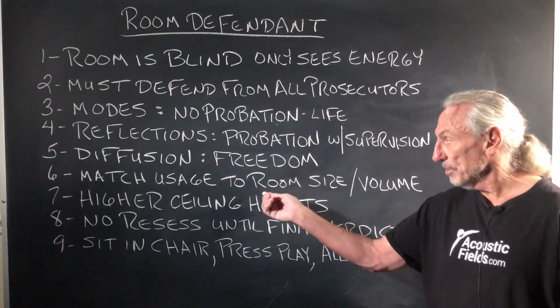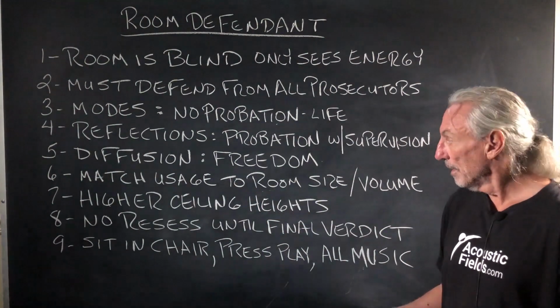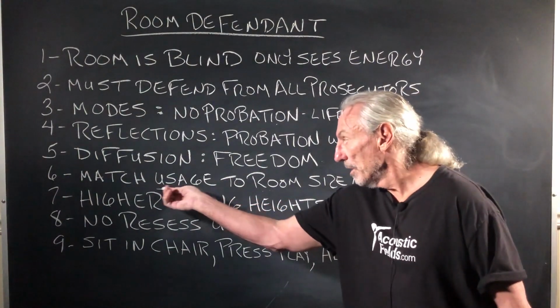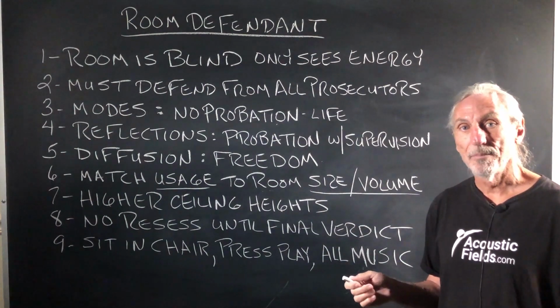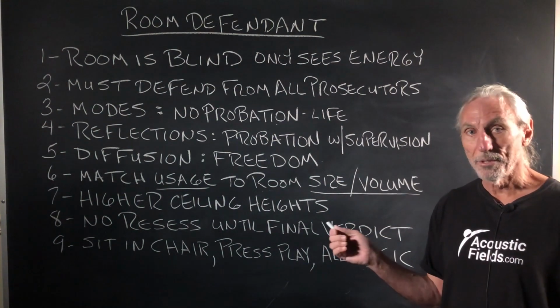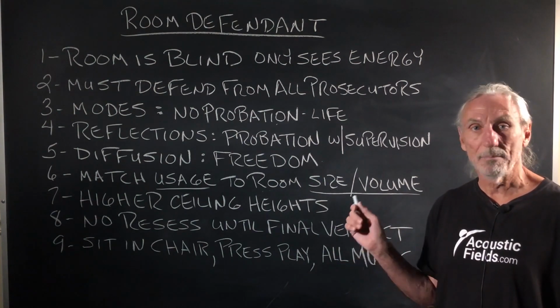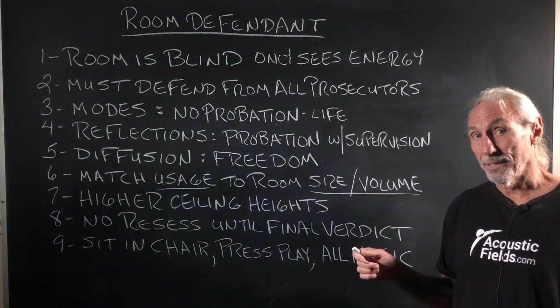We must match the usage to the room size. We have to take responsibility here for usage and room size and volume. Too many times I see a 5-member band, full instrumentation, drums, guitar, bass, in a shoebox or a closet.